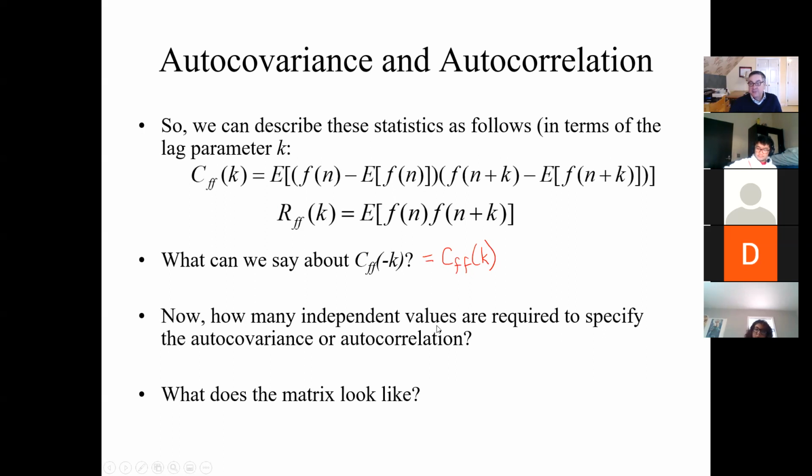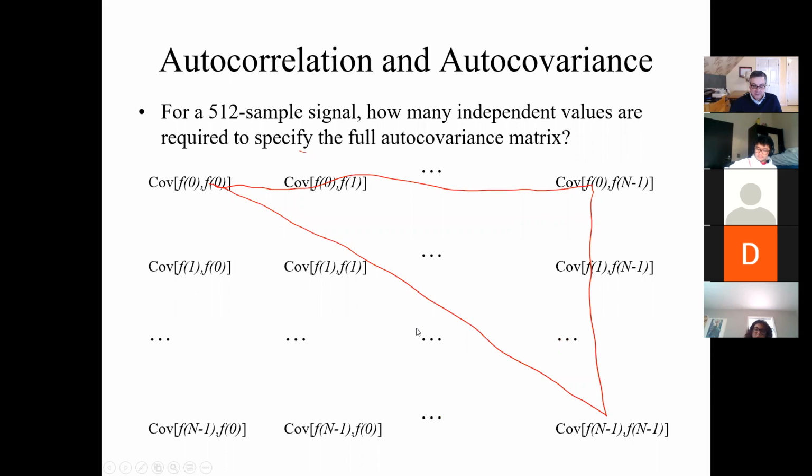So now we're going to need a lot fewer values, because if I go back to the matrix structure, those are all the same because it's stationary, so all the variances are the same. These are all lag 1.